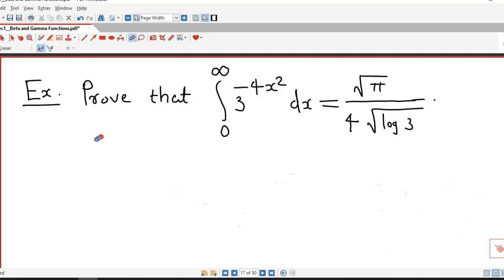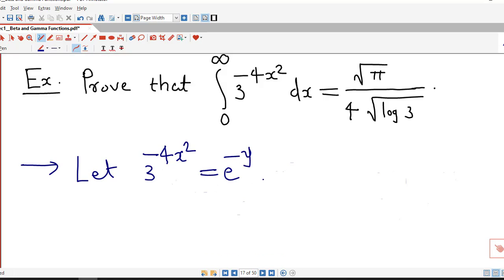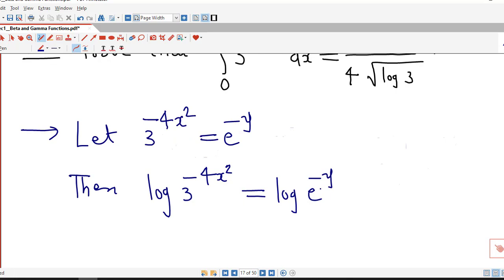First we assume that 3 raised to minus 4x square is e raised to minus y. Now we take logarithm on both sides. The logarithm of 3 raised to minus 4x square is equal to the logarithm of e raised to minus y.